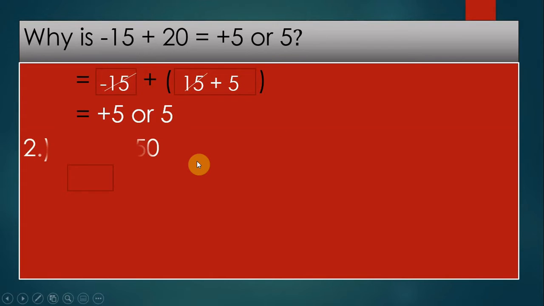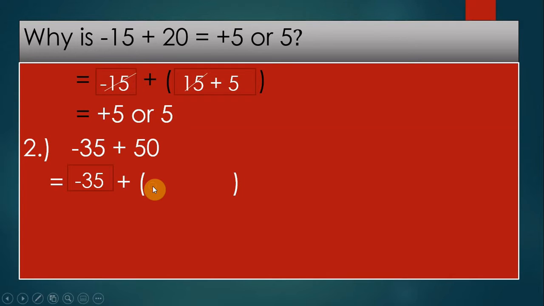Next example. Negative 35 plus 50. How will you solve this? Our number is negative 35. So negative 35 plus, let's break out 50, the greater number. What is the breakout of 50? We use the opposite of negative 35. What is the opposite of negative 35?